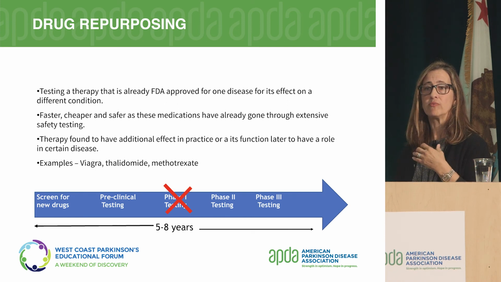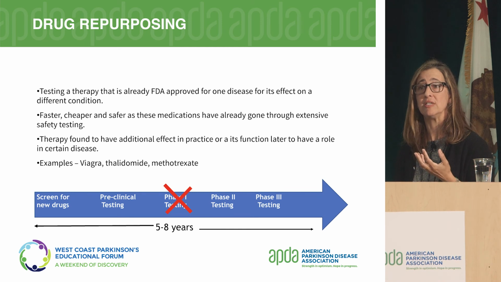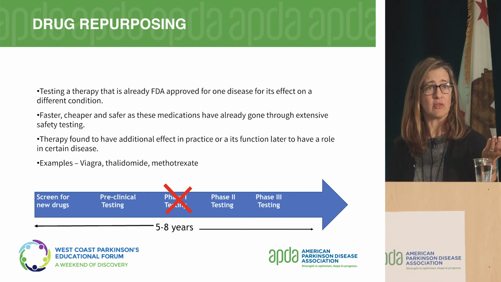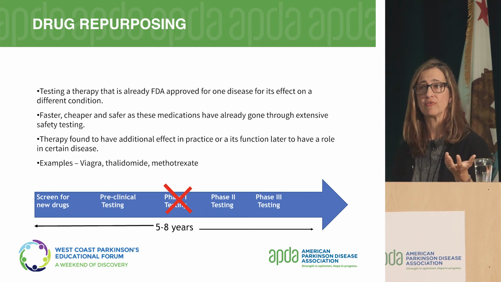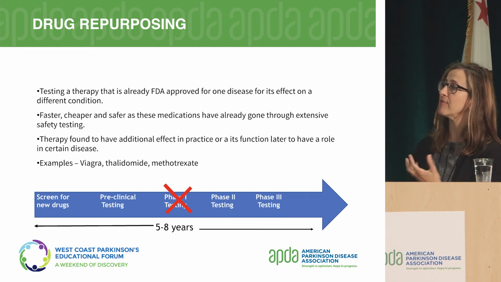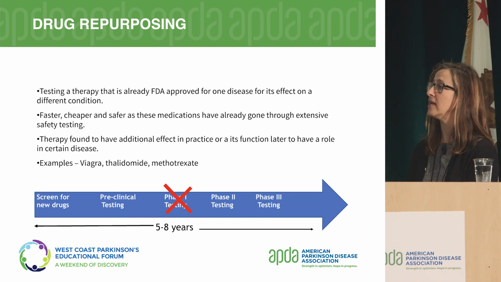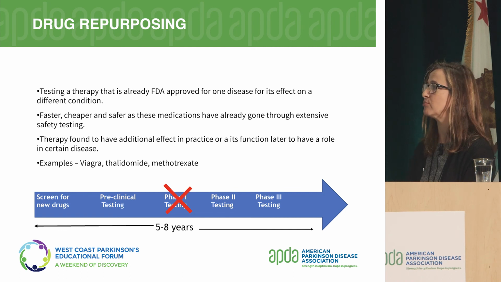And we either identify these just because as we learn more about Parkinson's and diseases, we find a mechanism and we say, oh wow, we have a drug that already does that mechanism. Or as part of the trials for a drug, we realize that it has an unanticipated beneficial effect. And the interesting thing about this is if we can identify drugs like this, then it shaves off time and money in trying to bring these drugs to market.